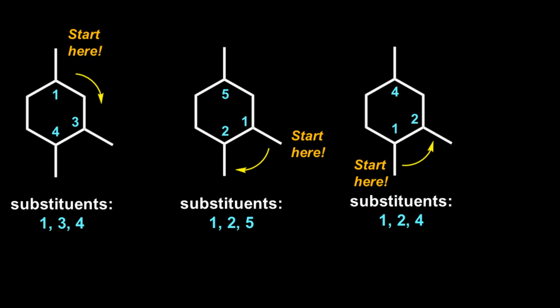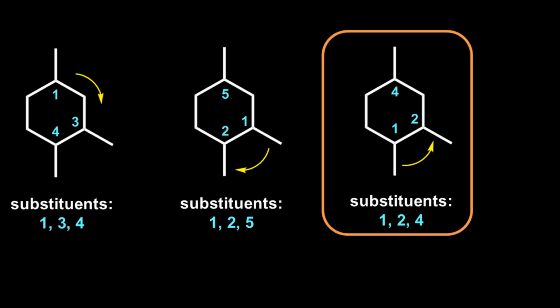In the third one on the right, we switch directions and number it counterclockwise. That gives us 1, 2, and 4, the lowest possible set of numbers. Comparing these results, we can see that the structure on the right matches the IUPAC convention best because it gives the lowest possible set of numbers for the substituents. So 1, 2, and 4 is the correct way to number them.